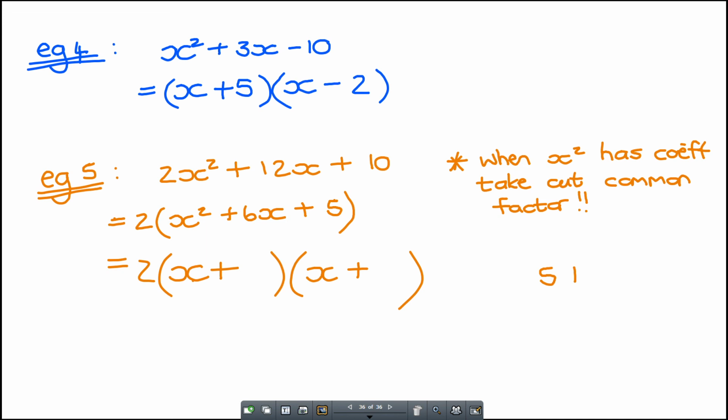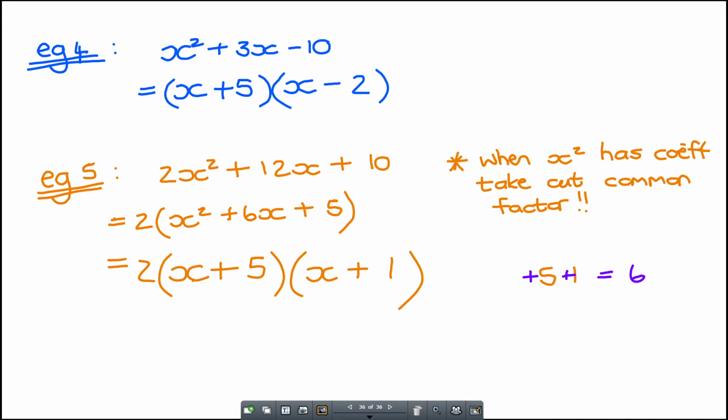Can we use that to get 6? Yeah, I'm going to say plus 5 plus 1. Okay, so x plus 5, x plus 1. Same thing. Okay. Any questions, people?